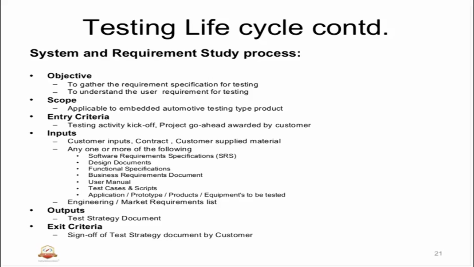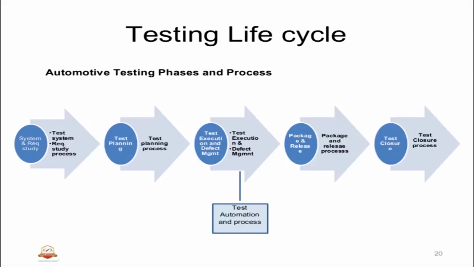And from the engineering perspective, any inputs that are required, that also will be an input. Then we have the outputs as a strategy document, and exit a sign off from the internal customer or the real customer. So that is about the system requirement study process, which is nothing but the first phase of the testing life cycle.